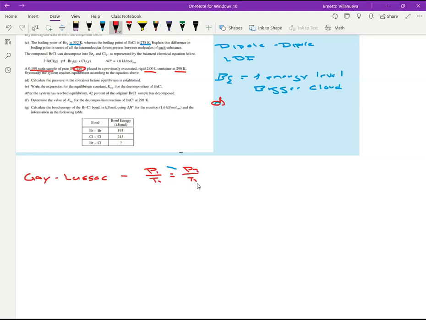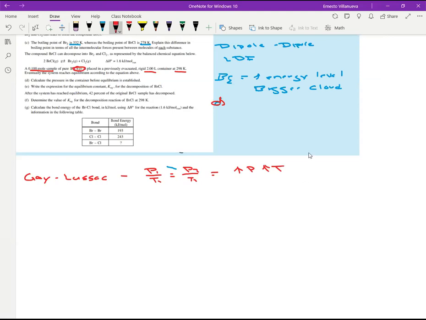This has to do with pressure and temperature. Here we see that pressure and temperature have a direct proportional relationship. As pressure goes up, temperature goes up. As temperature goes up, pressure goes up.